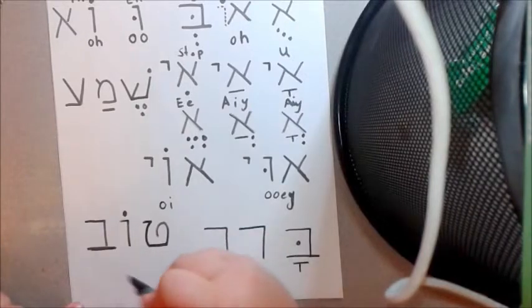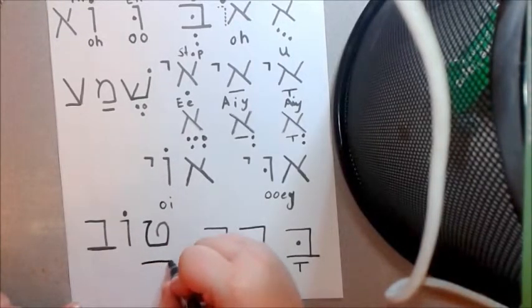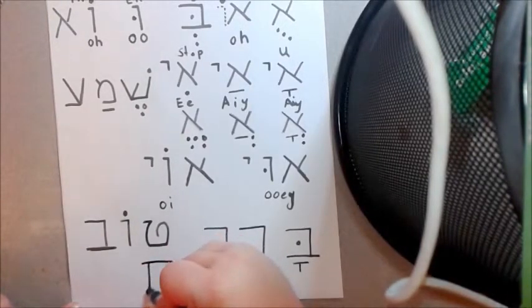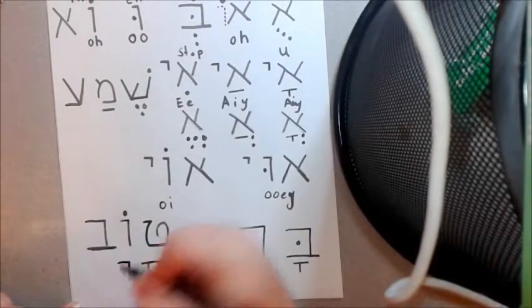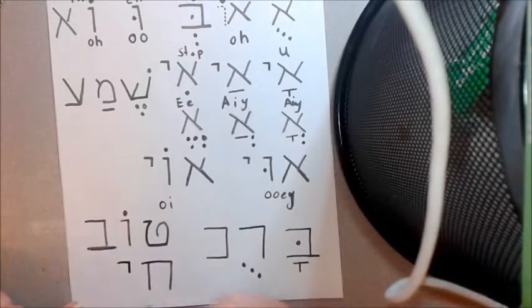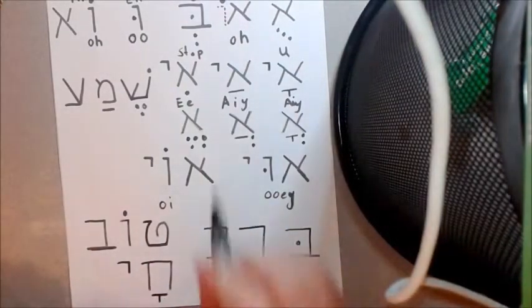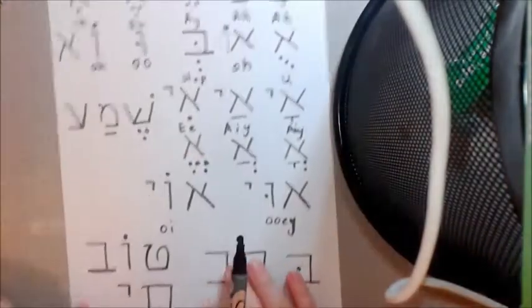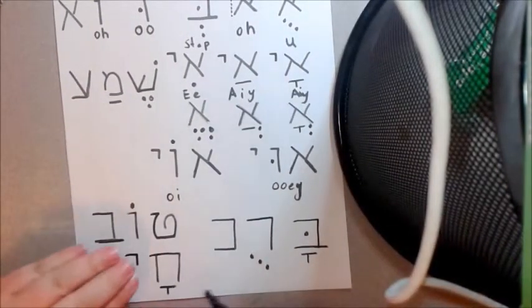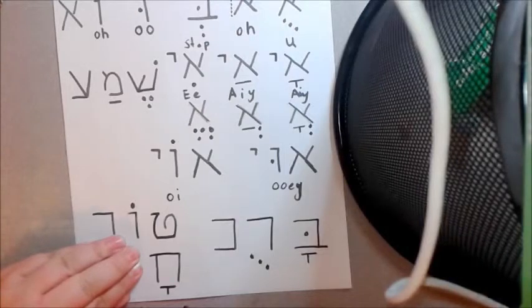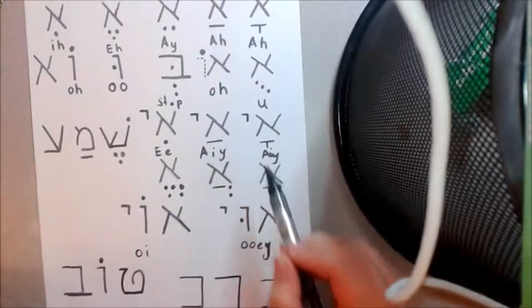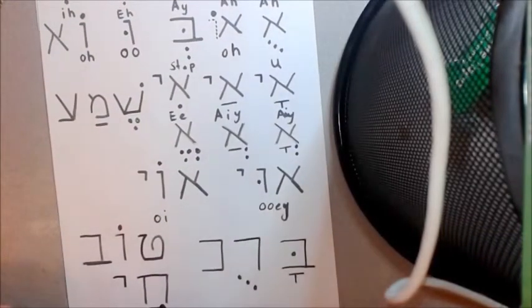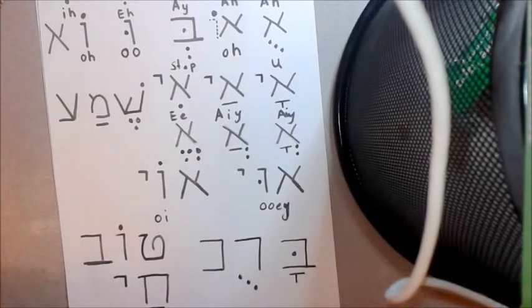Then, last example. Another very good word to know. We have our chet and our yud. And then we have our ah sound, our little T. So that would be cha on its own, but because we have the yud here that's going to modify it, it's going to be like this, and it's going to say i, and it will carry that sound from the chet.